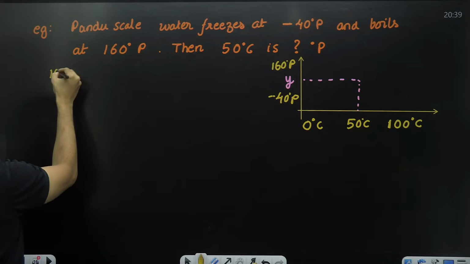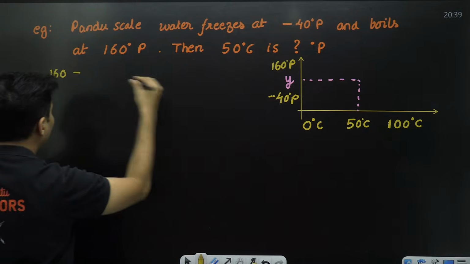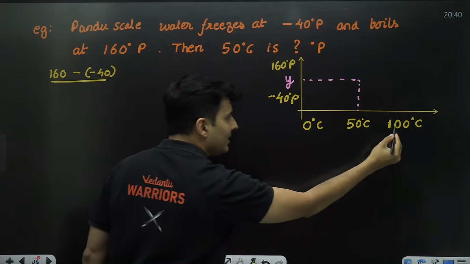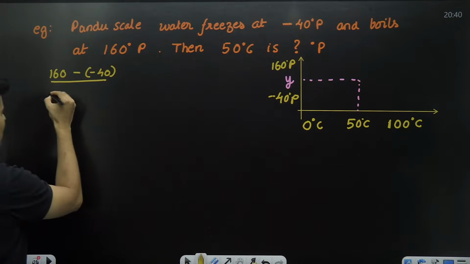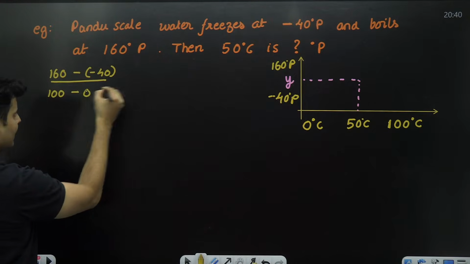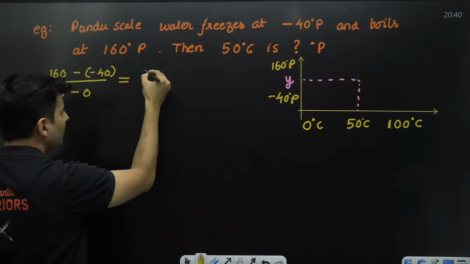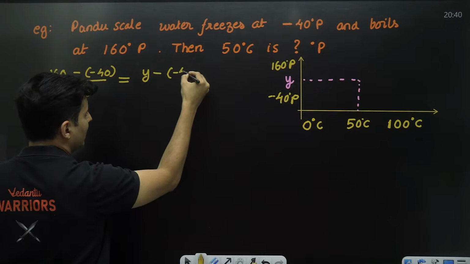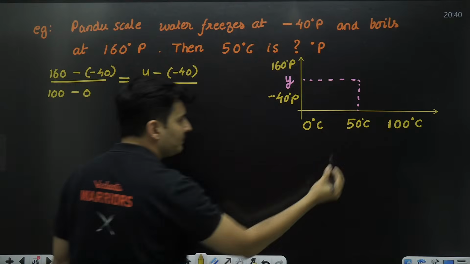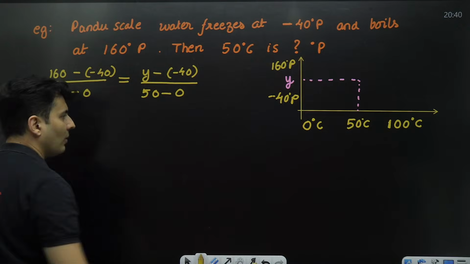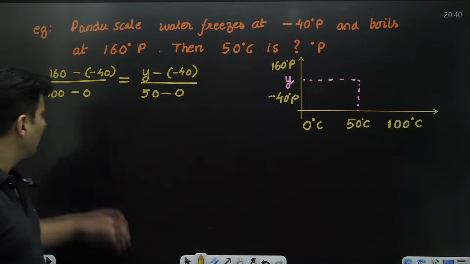It is 160 minus y1, which is minus 40, whole thing divided by x2 minus x1, so 100 minus 0, is equal to y minus y1, so y minus 40, upon x minus x1, so it is 50 minus 0. Is that absolutely clear? Okay.